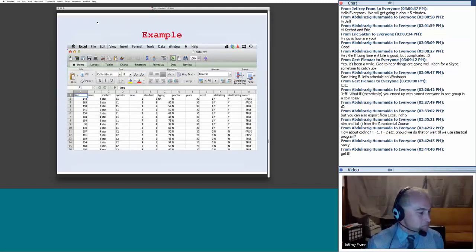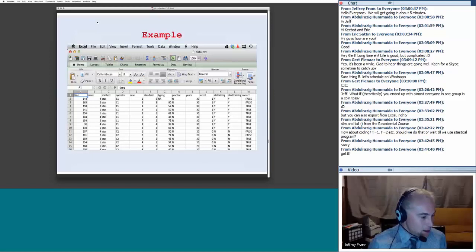So the first thing is the sheet contains column names and data only. There's no tabulations, there's no summaries, there's no notes. So that's very important. Do not, on this data sheet, calculate the standard deviation and put it at the bottom. Do not take the average.